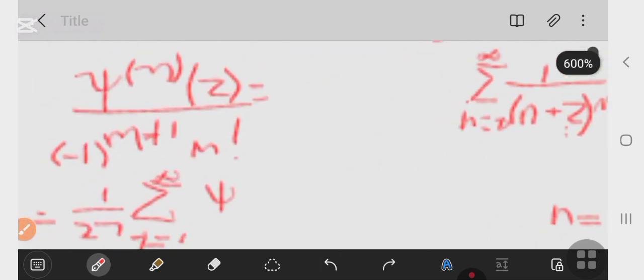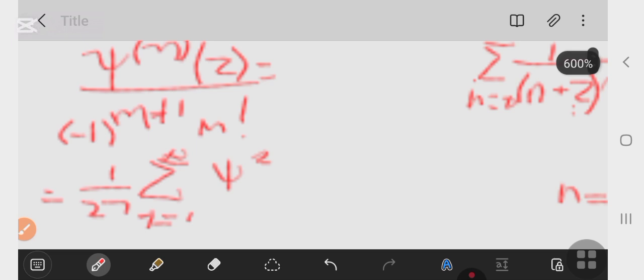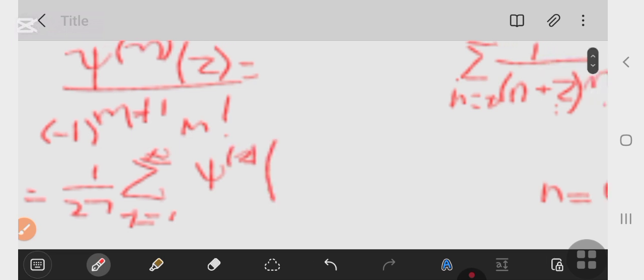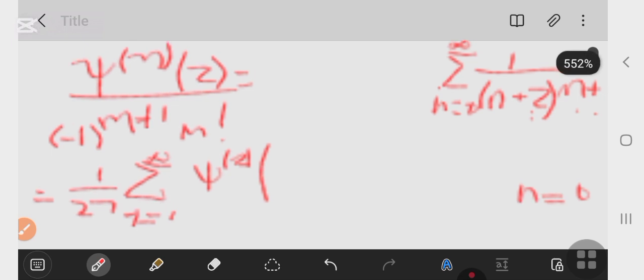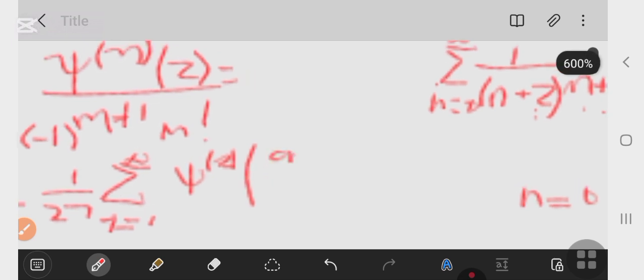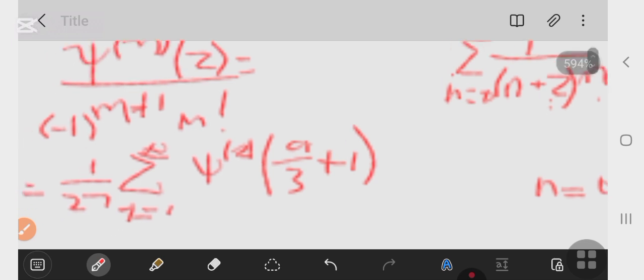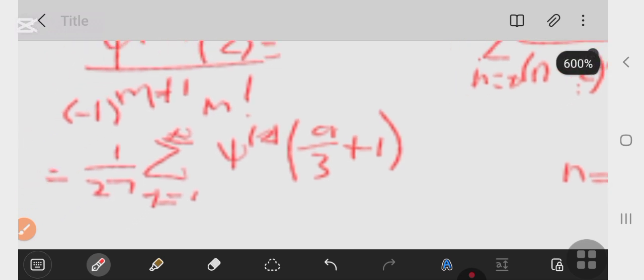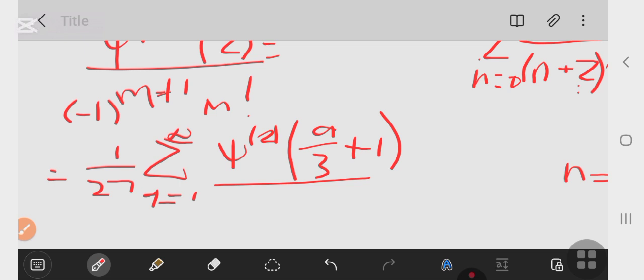I have 2, so I'm just making use of the Trigamma function. Then my z is a over 3 plus 1. Now divided by minus 1 to the power of 2 plus 1. 2 plus 1 is 3.